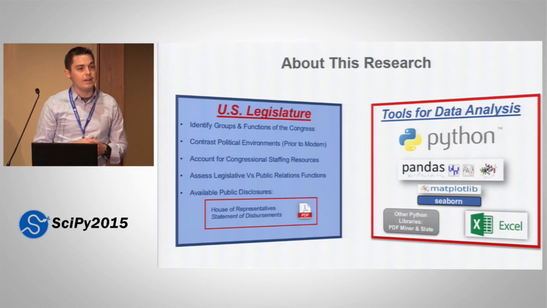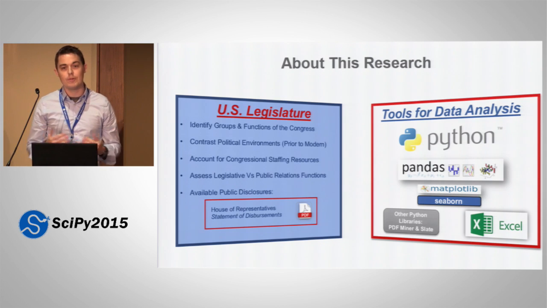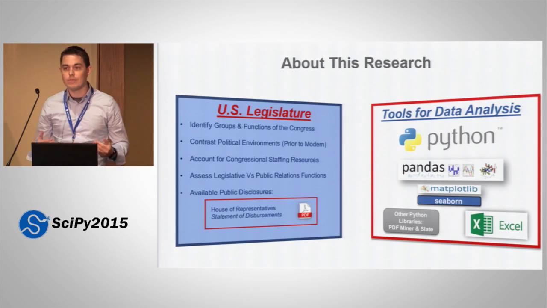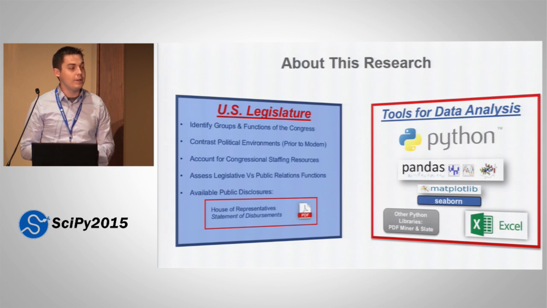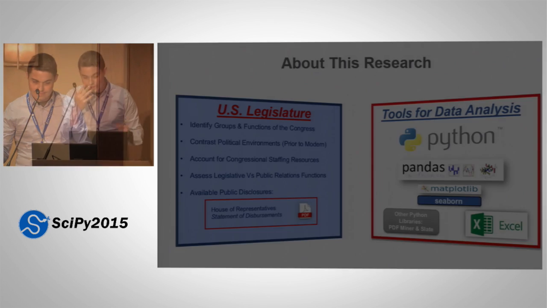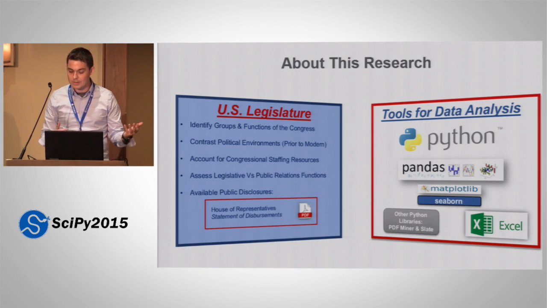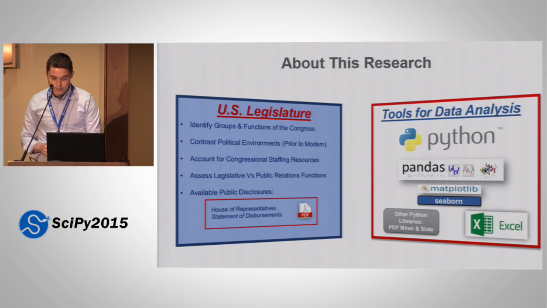Beginning in 2009, any public disbursements made for official congressional functions were reported in PDF source through the statement of disbursement. So we're going to take a look at that file itself and utilize Python for the data analysis. Two pieces, again: House Statements of Disbursements, and here are some of the tools I'll be utilizing to look at the data itself.